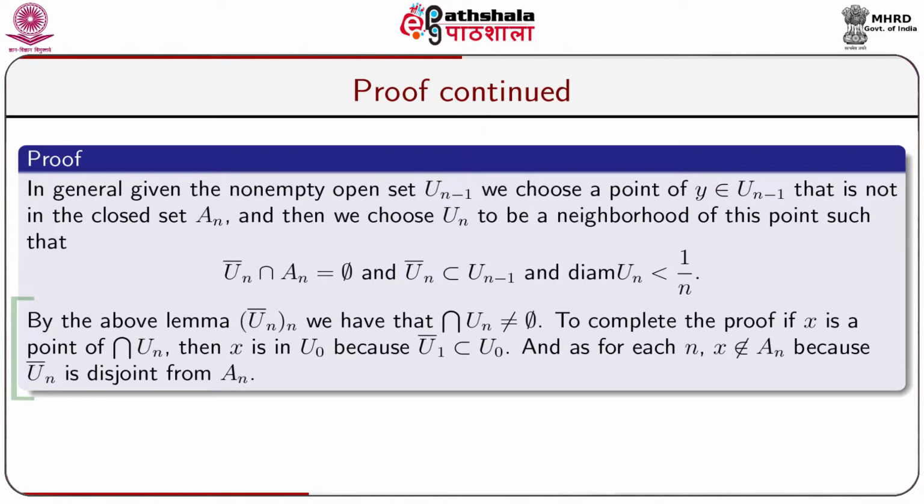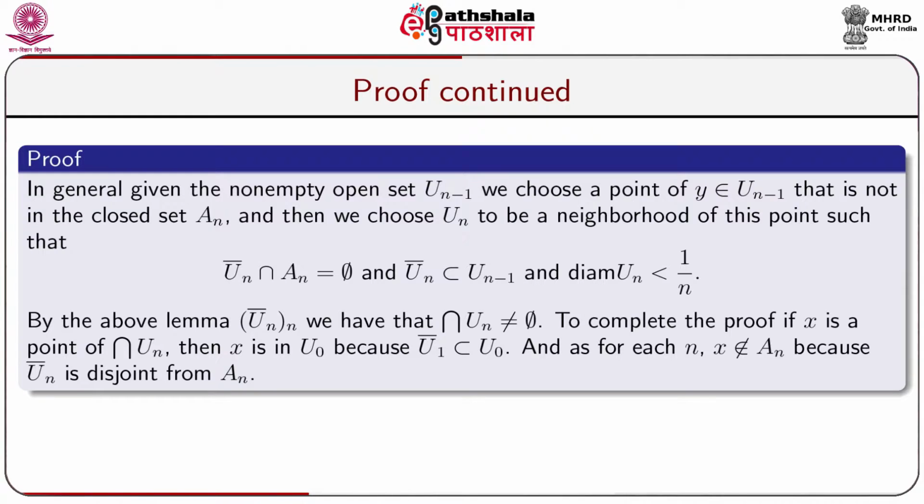By the above lemma, we can say that intersection of Un is non-empty, as closure of Un is a collection of closed sets which are nested and diameter of Un less than 1 by n.